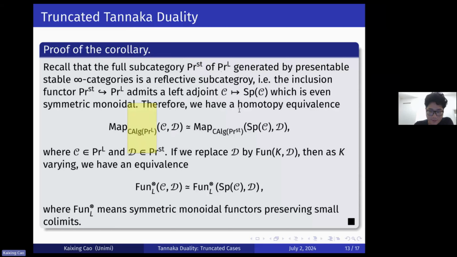So we have the homotopy equivalence between these mapping spaces. Here C is an arbitrary presentable infinity category, and D is a stable one.